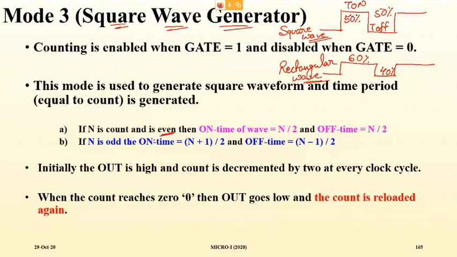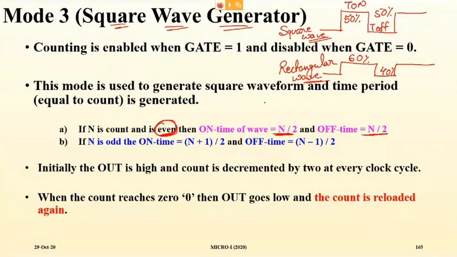So if you load the count with an even number, the counter will generate high output for N by 2, that is half of the time, and off time precisely N by 2. So there is no issue in that.